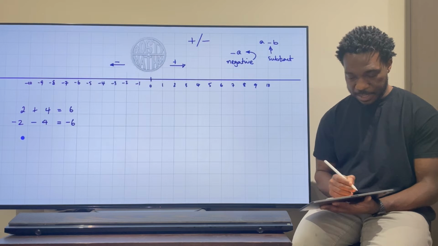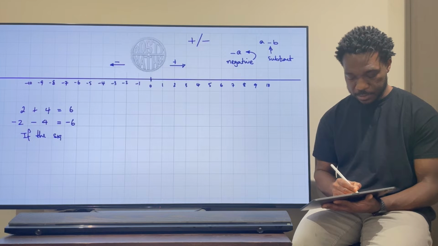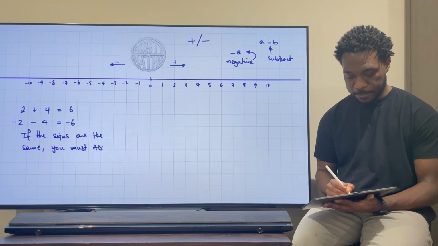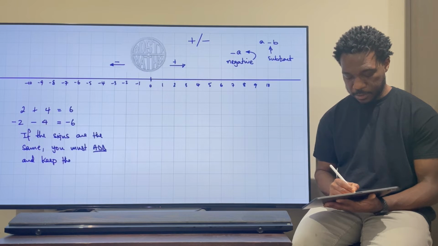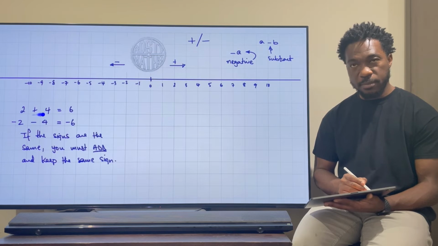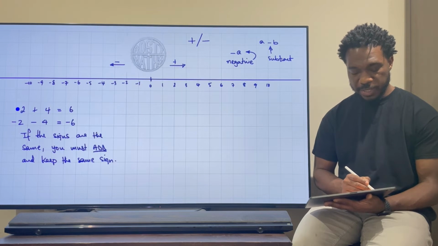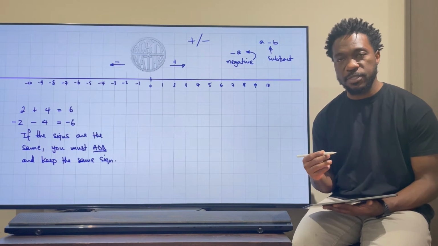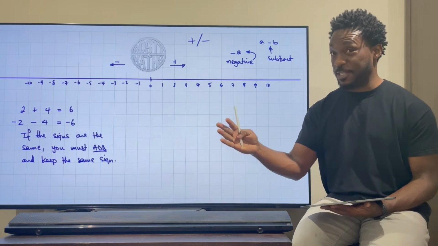If the signs are the same, you must add and keep the same sign. So in other words, when I had two positive numbers here, because this is a positive 2, we don't have to put the plus in front of it to say it's positive, but so long as you don't see anything in front of it, it's positive, okay?